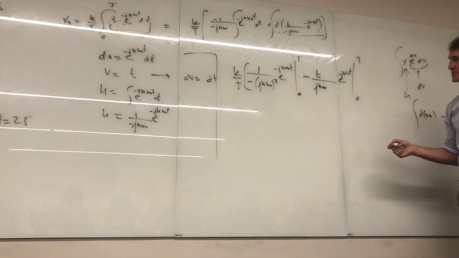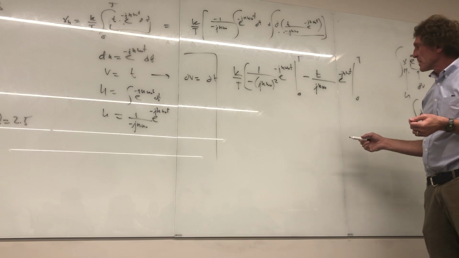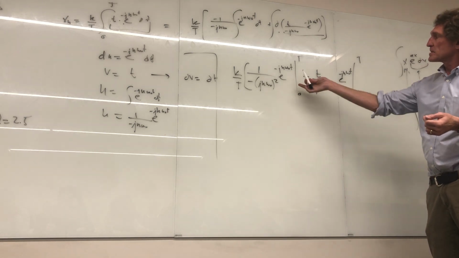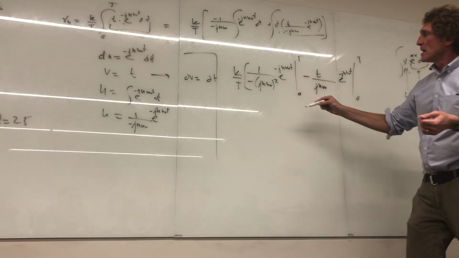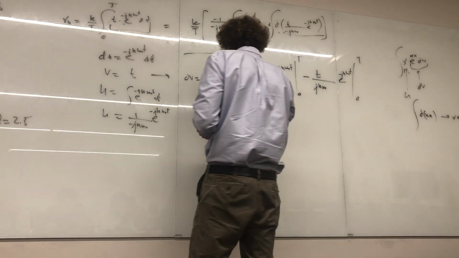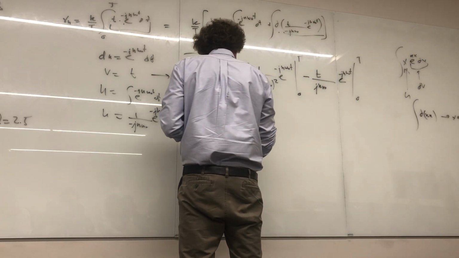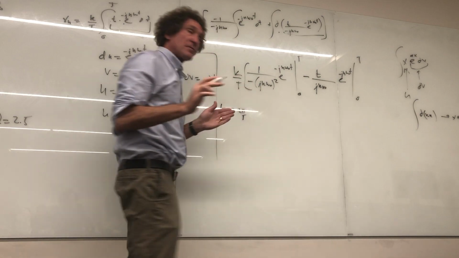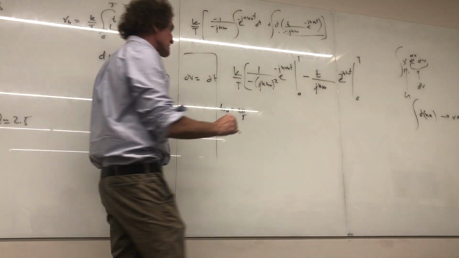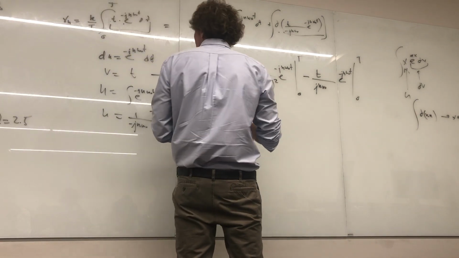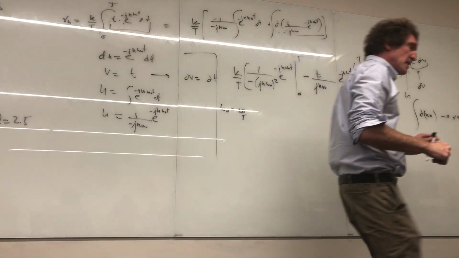Now what happens to this one when you evaluate at the limits? Take a look at what happens. Now omega naught is equal to 2 pi over T. Do you all agree with that? Now let's take a look at this one first, this part.